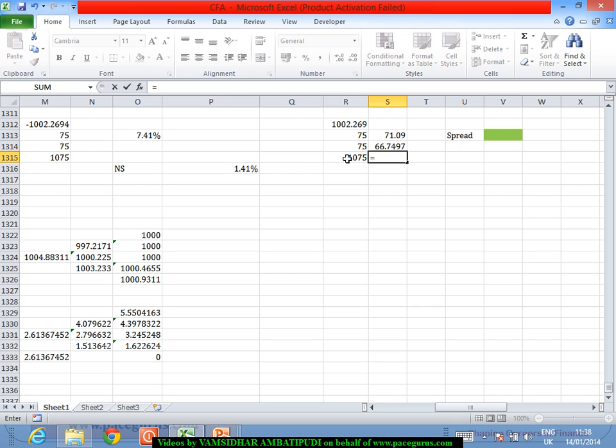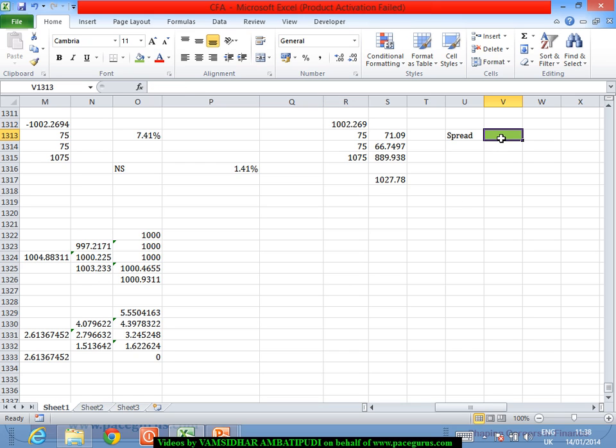Then this 1075, I'll discount by 1 plus 6.5% plus this particular spread, whole cubed. So these are the present values, and probably I'll add them up to arrive at a value of 1027. But this value should be equal to 1002 only.